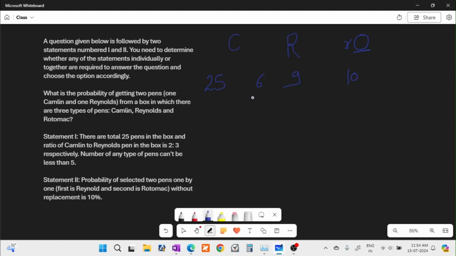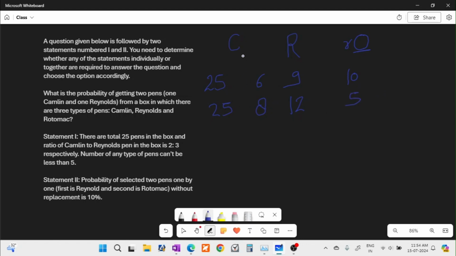Let us check what are the other possible cases. Let the Camlin be 7, then Reynolds will be in fraction, which is not possible. So let us take Camlin 8. Reynolds will be 12, and Rotomac will come out to be 5.